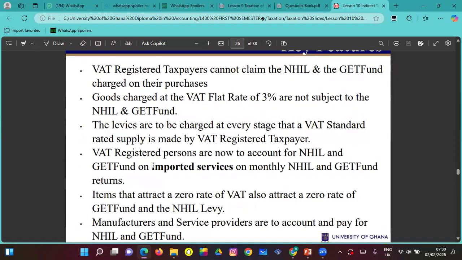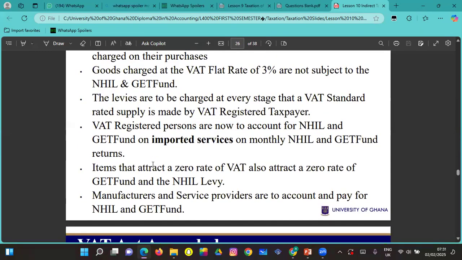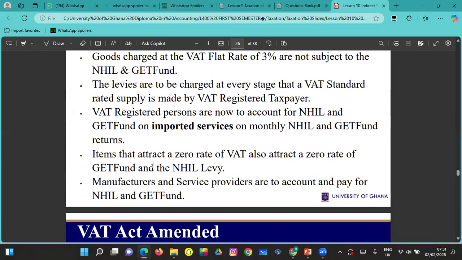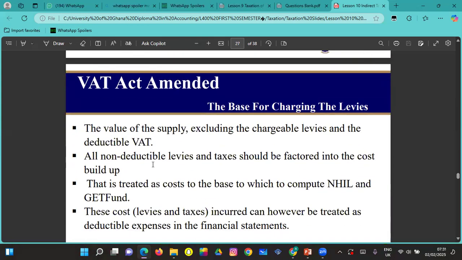All right, so items that attract zero rates of VAT also attract zero rates of GETFund and National Health Insurance Levy. Manufacturers and service providers are to account and pay for NHIL and GETFund on the value of the supply, excluding the chargeable levies. So this is the base for charging the levies.